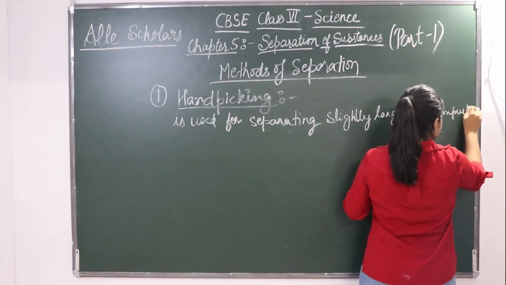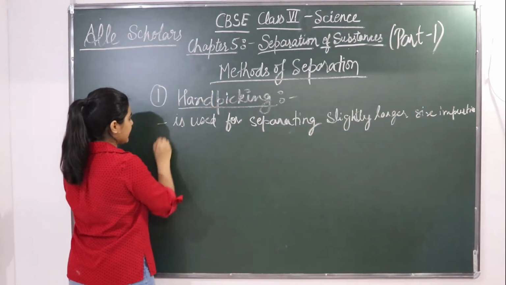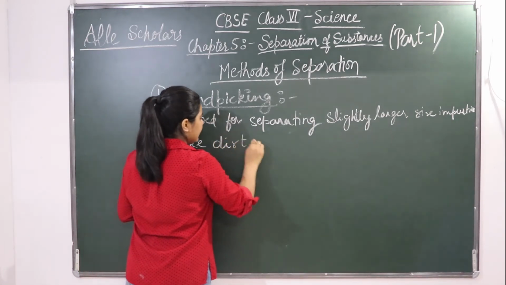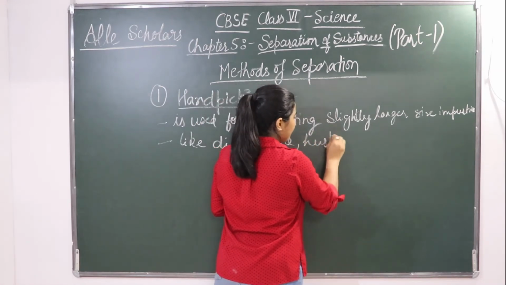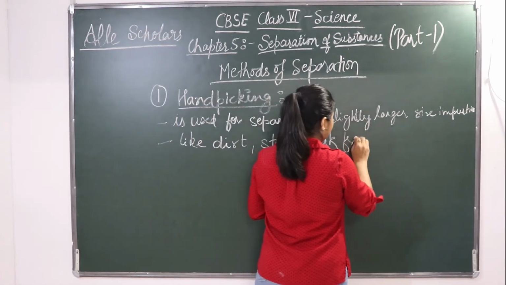Example is like dirt, it can be a stone or it can be a husk from wheat or rice or pulses.